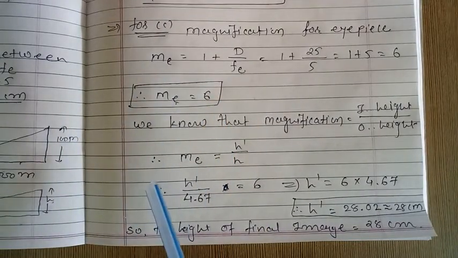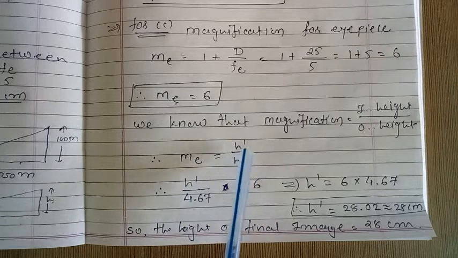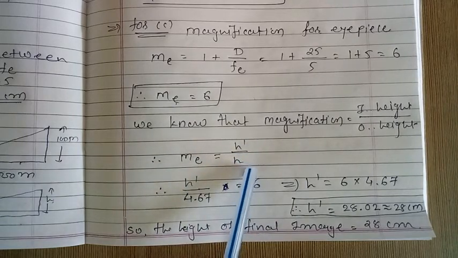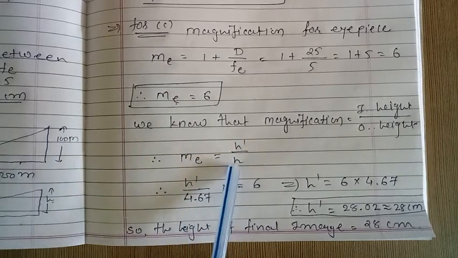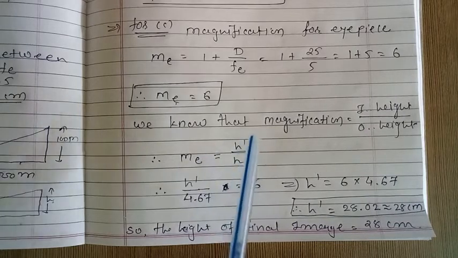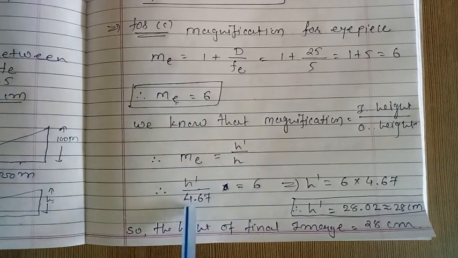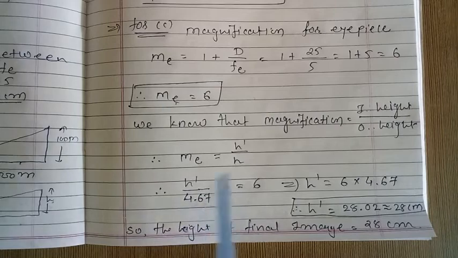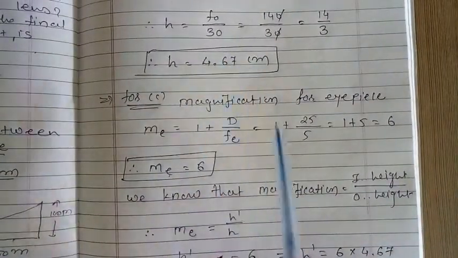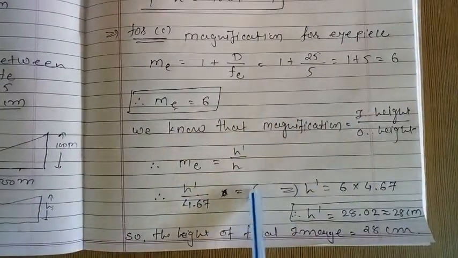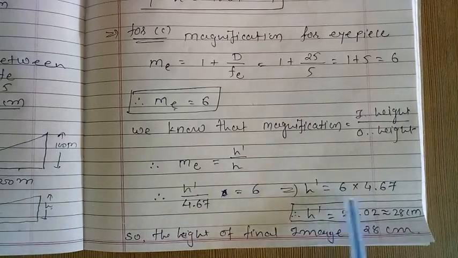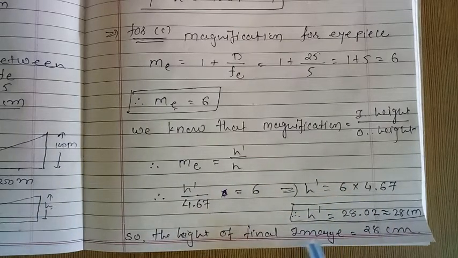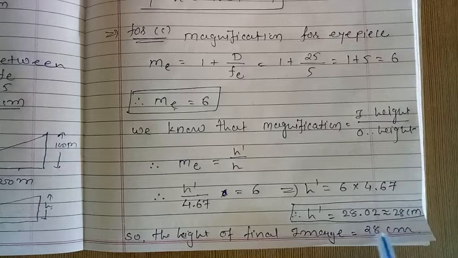Now from the formula of magnification, h dash is equal to ME into h, the value of h 4.67, which we have already found, times 6. So we get h dash 6 into 4.67. So the height of the image is 28.02, or we can say 28 centimeter. Okay, thank you.